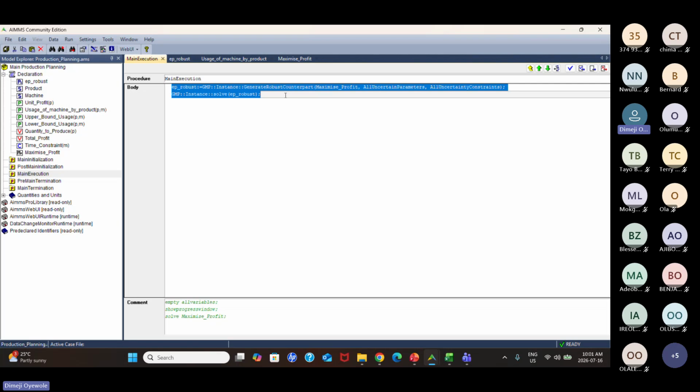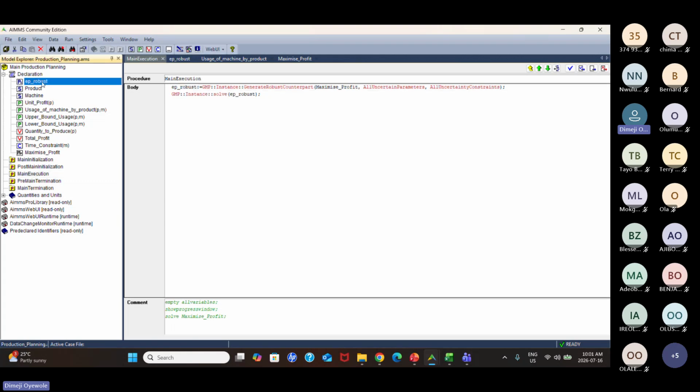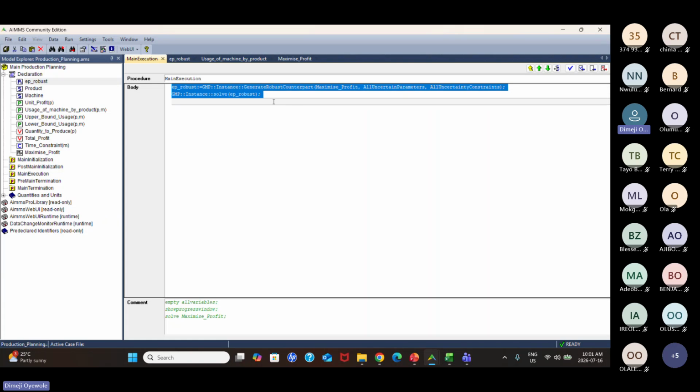So you can always, all of these are kinds of code that they've written before, that aligns with their own software. So all that one needs to do is just to copy it and put it in one's program. Don't forget that this EP underscore robust has already been declared earlier. It's already here. So everything is from the website.